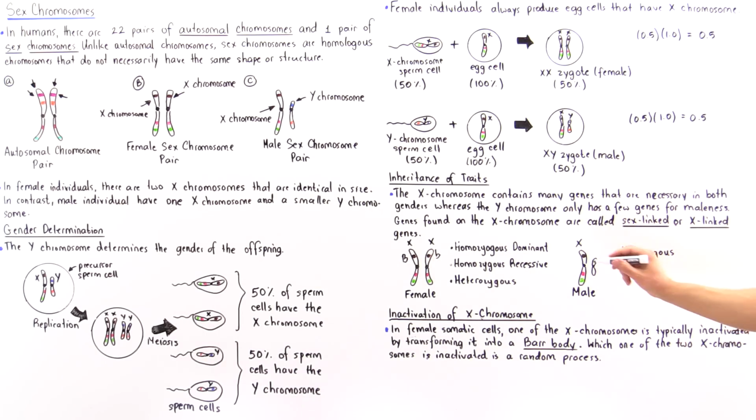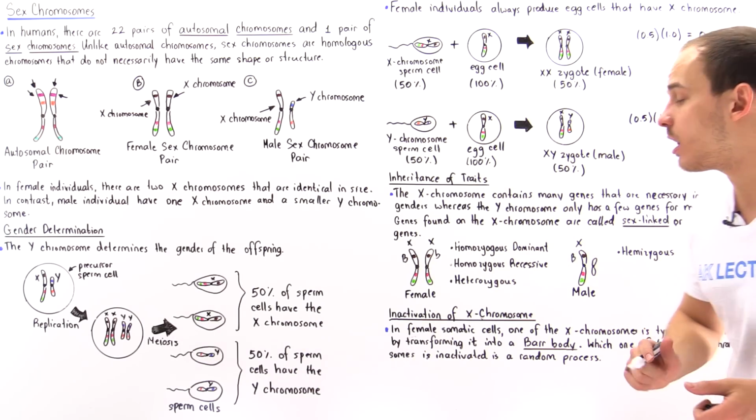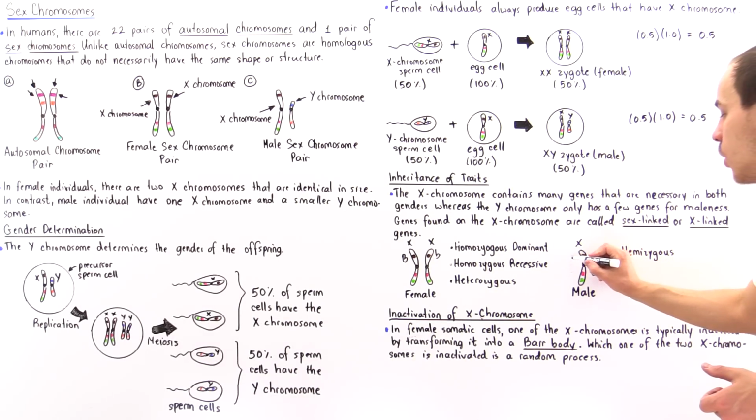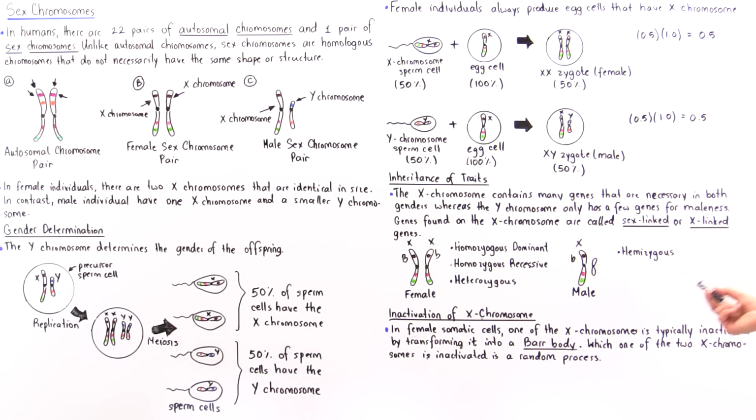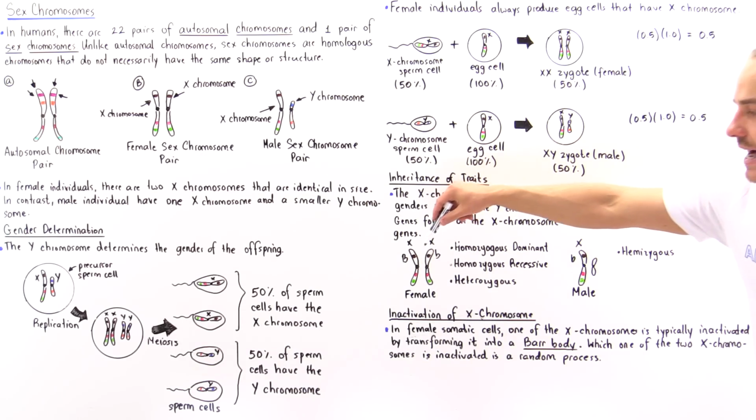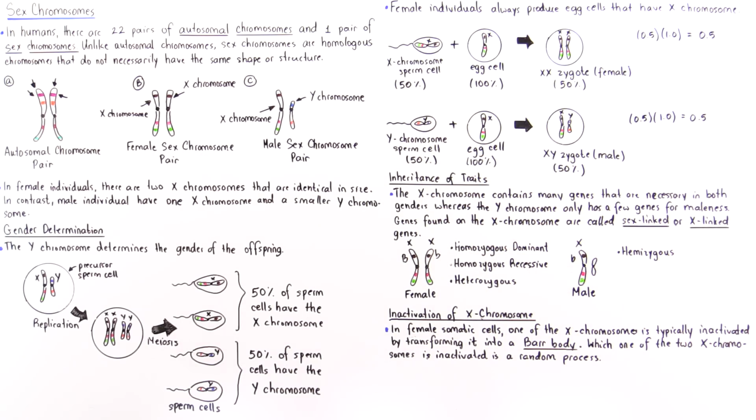So if our individual is uppercase B, that means they won't be colorblind, but if they're lowercase b, they will be colorblind. And this type of scenario is called hemizygous. Hemizygous means we only have one of the X chromosomes and not two, and so we only have one of these sex-linked genes and not two as we have in the female case.